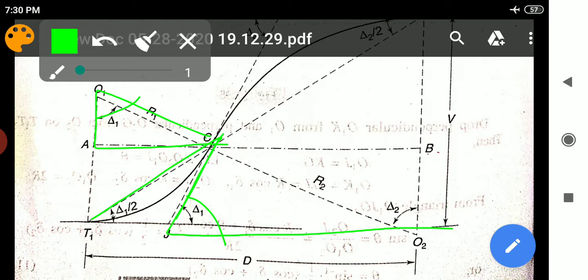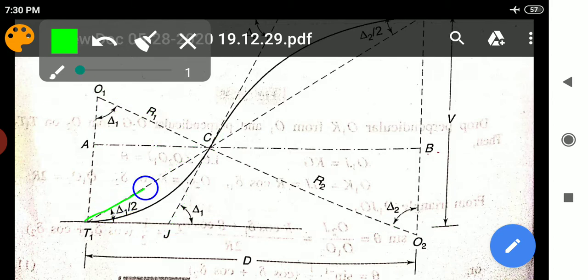They are corresponding angles. Okay, in these cases it will act as a half, so it is also delta 1, so it is delta 1 by 2, delta 1 by 2. Total it makes a delta 1.